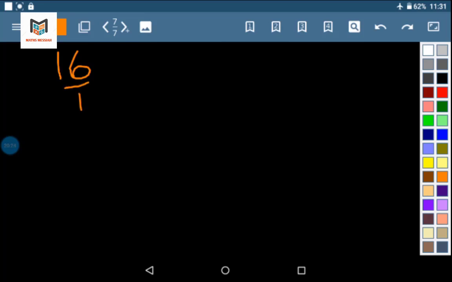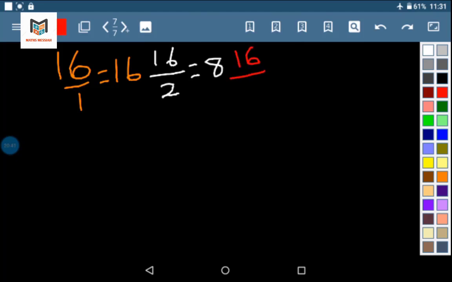So 16 divided by 1 will give you 16. 16 divided by 2 will give you 8. 16 divided by 4 will give you 4. 16 divided by 8 will give you 2.